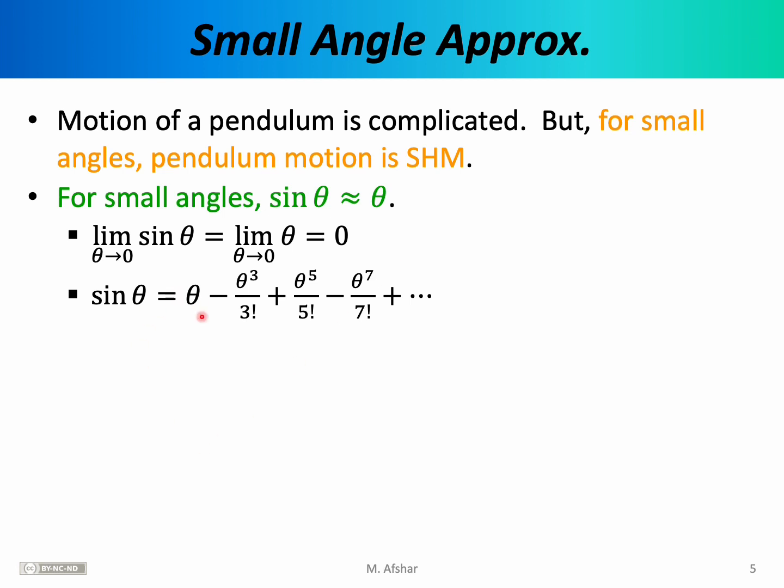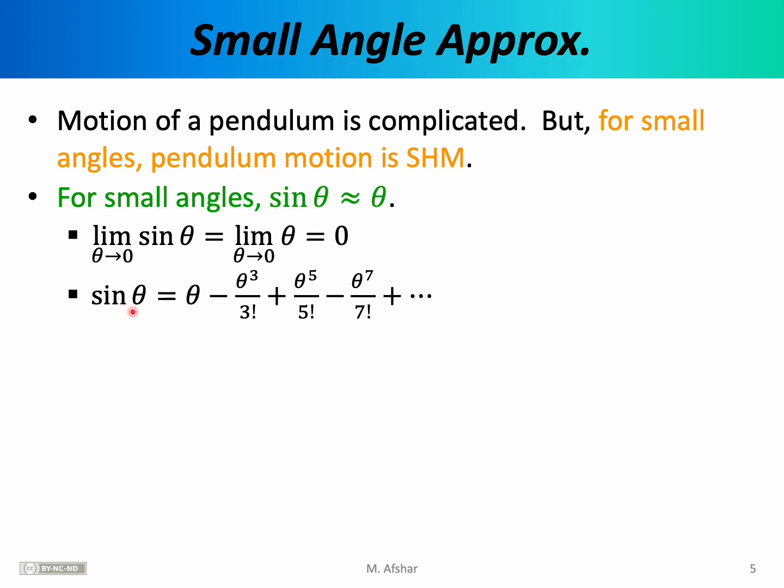Another way of verifying this, and probably a more rigorous way of stating the same thing, is to use a Taylor expansion. We can use the function sine theta, we can perform a Taylor expansion about theta equals 0, and this is the power series that we would get. If you look at this power series, you can see that all of these higher order terms very quickly approach 0 for small angles.